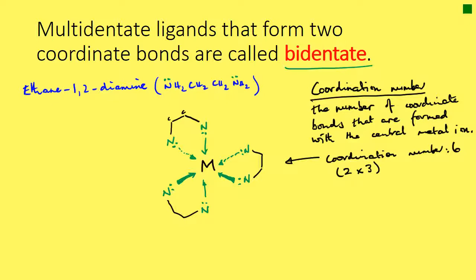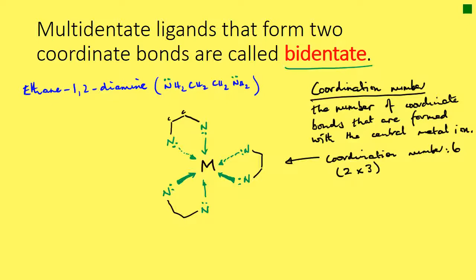And that is an H2N. And then it's eth, so we've got CH2, CH2. And it's diamine, so we've got another NH2 on the other end of the molecule. So that's what ethane 1,2-diamine looks like.